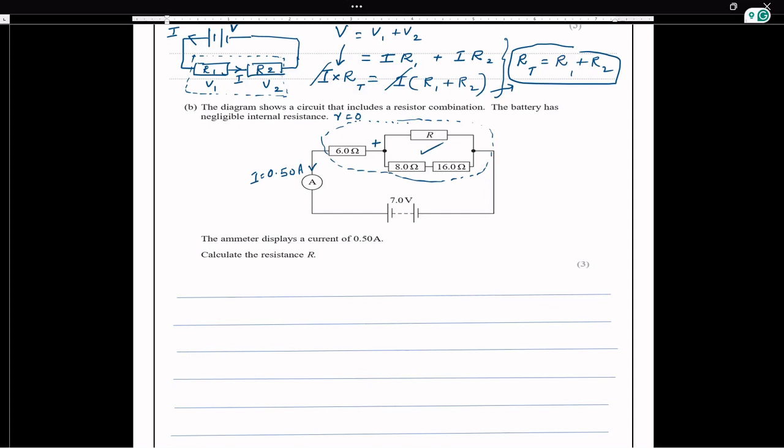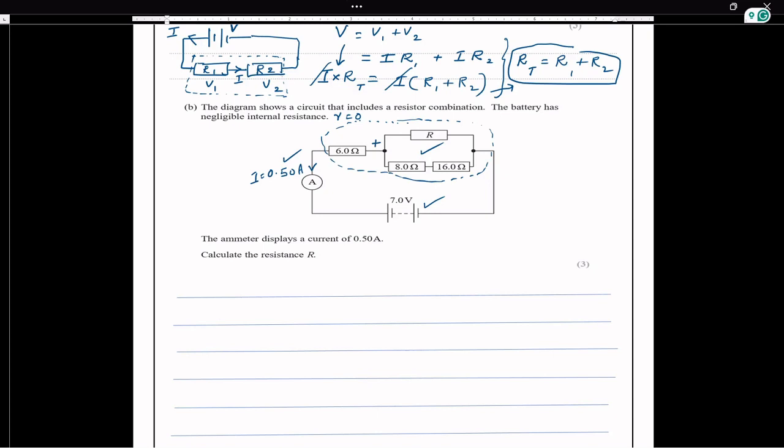Okay, so before that, let us see how much the total resistance can be for the circuit. We know the total voltage applied and we know the circuit current. Therefore, we can calculate the total resistance.